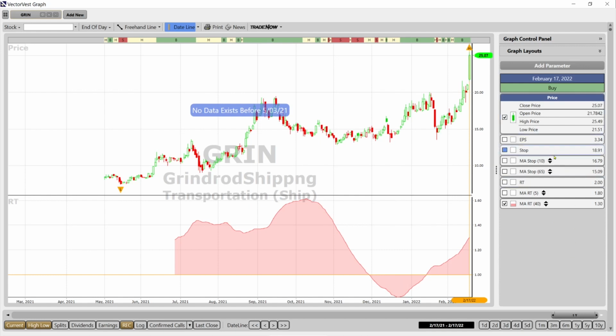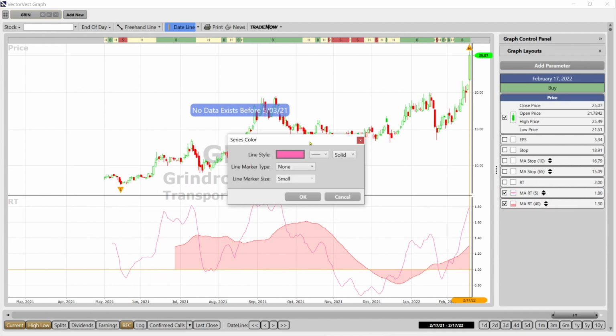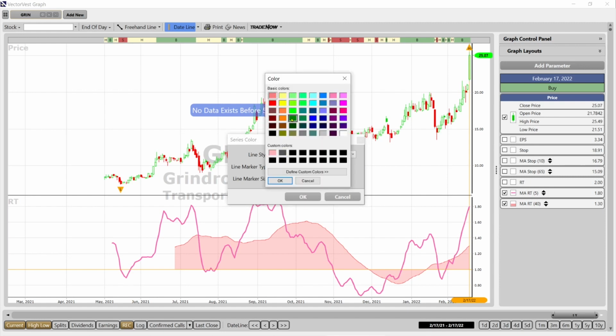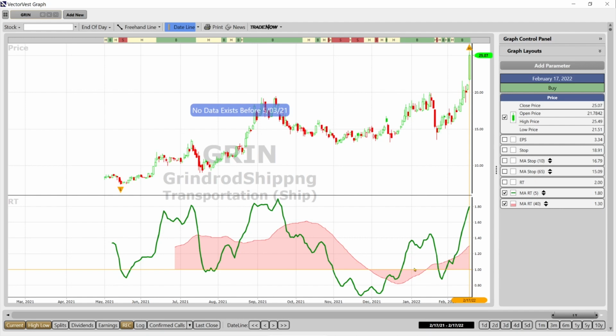So I might just add the 5 period moving average. Just left click on it, and I'll right click to change the style, make it a little bit bolder so you can see it a little bit better. Make the line thickness about a medium, and I'll go with a dark green color. And so we're all set.